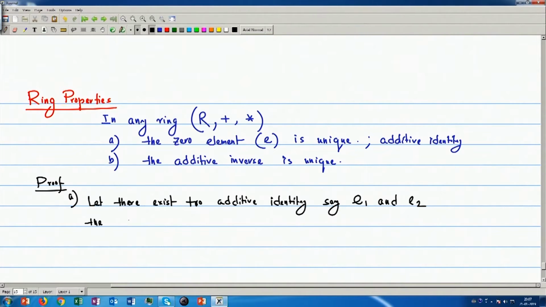That means e1 and e2 both belong to R. So, I can write e1 equal to, since e2 belongs to R, another element of R, e1 plus e2, since e2 is the identity element, additive identity.